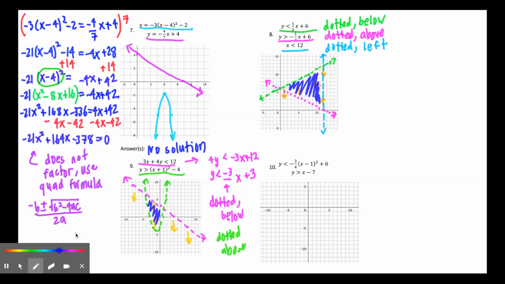Okay, next one here. So this one, the vertex is at 1, 6. And here's other points.